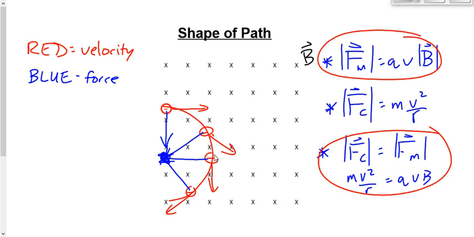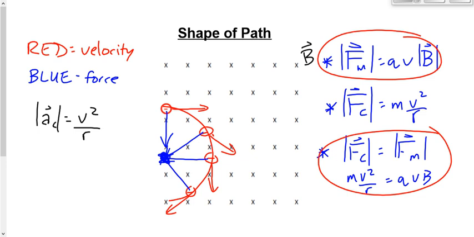The centripetal force equation, mv squared over r, you recognize that from physics 20, right? The good news is you've done it before, quite a bit in physics 20. The bad news is it's not on our data sheet per se. If you look at your data sheet, you're not going to see that. But what you are going to see is this. Centripetal acceleration is v squared over r.